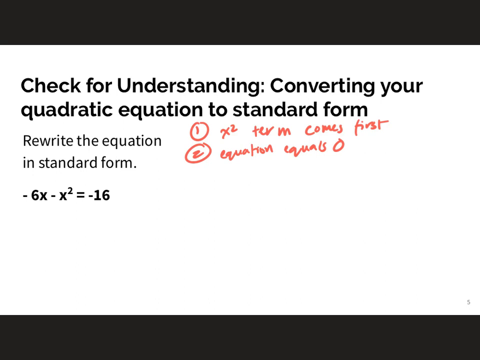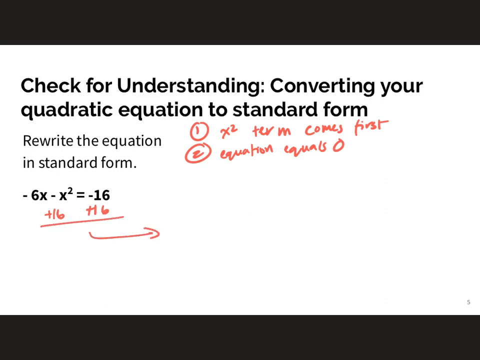So right off the bat, I know that this isn't in standard form, right? Because I see that my x squared term is second, and my x term is first, and this doesn't equal 0. So the first thing I'm going to do is add the 16 on both sides so that I can get one side of my equation to equal 0. So I'm going to add 16 here, add 16 here.